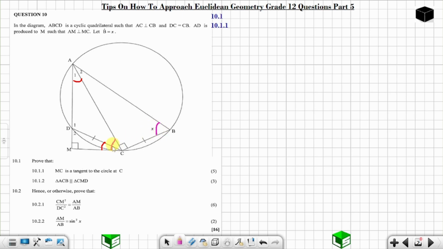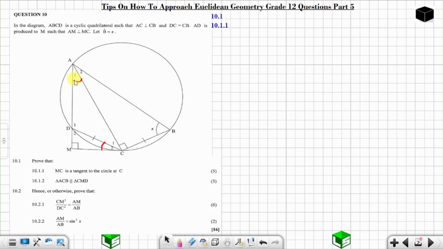So if the two angles are equal, then the line MC is a tangent to the circle at C. Okay, so let's start using the chord DC. We are going to use the chord DC and the line MC. Let's see if the two angles are equal. If the two angles are equal, then the line MC is a tangent.